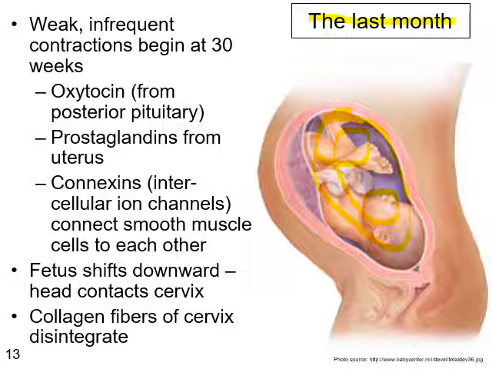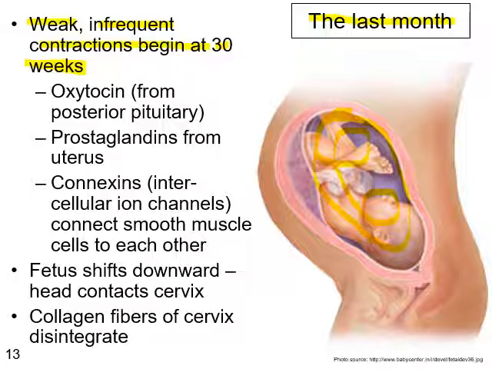So beginning at around 30 weeks of pregnancy, a normal pregnancy being 40 weeks in length, so about 3/4 of the way through a pregnancy, there are weak and infrequent contractions of the uterine myometrium, the smooth muscle surrounding the uterus.